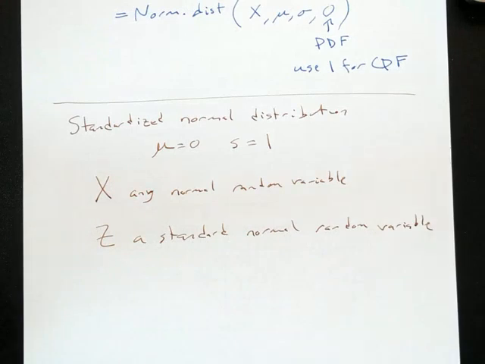The functions we were looking at, the water bottle, the diameter of golf ball bearings, those were normally distributed ideas with different means and standard deviations. In particular, how do I get from X to Z?